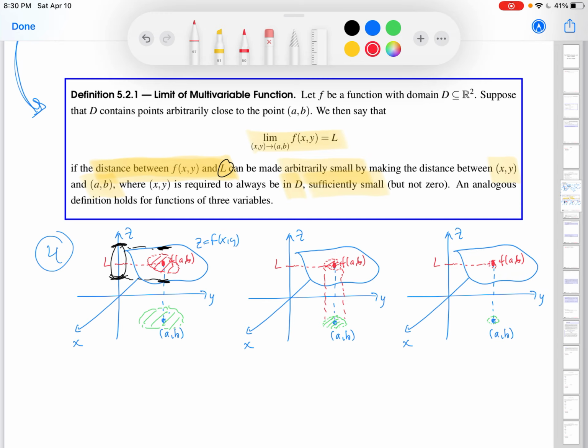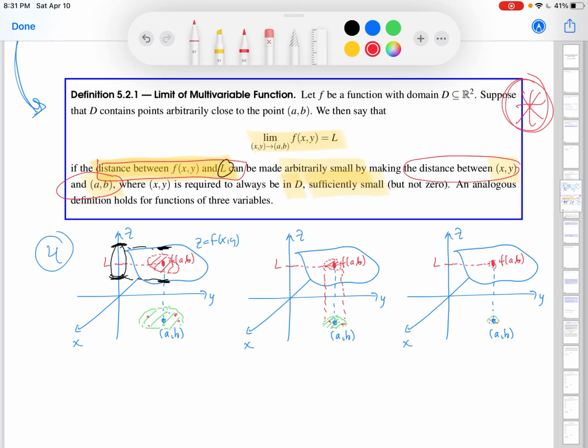So it's in this sense that this definition up here is operating. You are making the distance between (x, y) and (a, b), those are points in the plane, smaller. You can do that by making these disks have smaller radii. And what you're looking for is whether the distance between f of (x, y) and L shrinks.